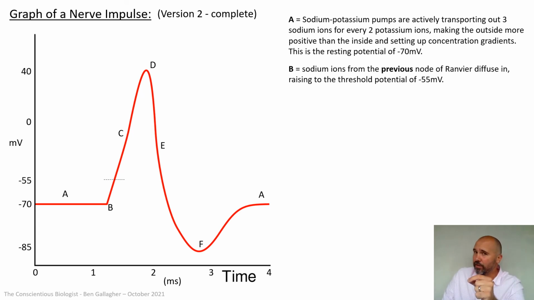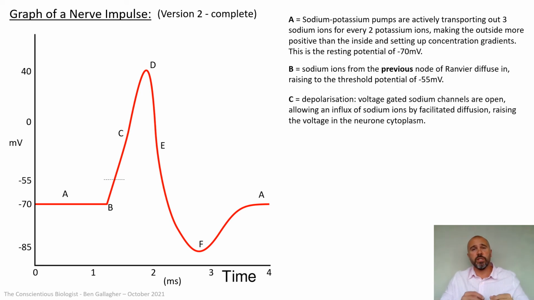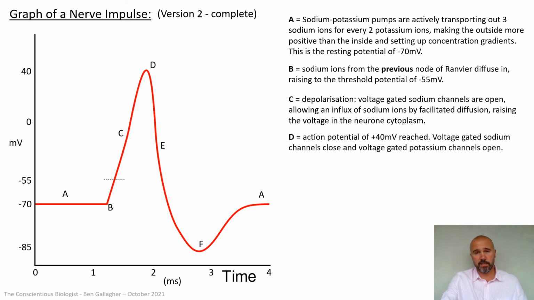It's only after that dotted line, once we've hit -55, that we can go to C, which is the true depolarization, which is the voltage-gated sodium channels opening, allowing an influx of sodium ions by facilitated diffusion, raising the voltage in the neuron cytoplasm. That takes us to D, which is the action potential, +40.